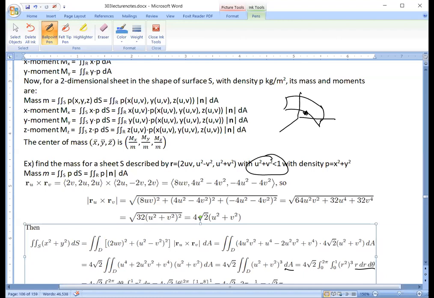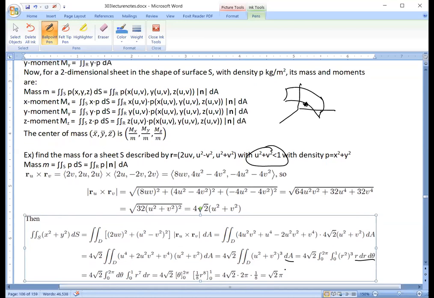Okay. So finally, writing down our dA, converting to polar coordinates, we have this integral. It's just the integral of r to the 6th, times r dr d theta, so r to the 7th. So that gives us this integral.